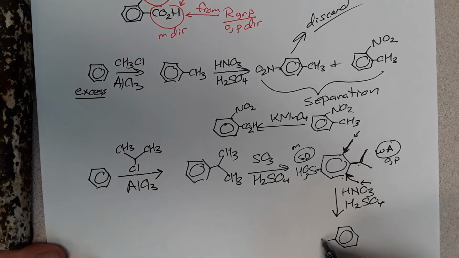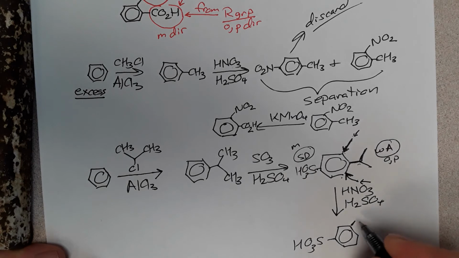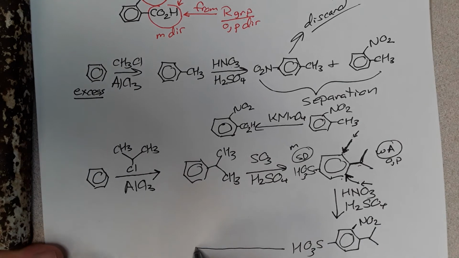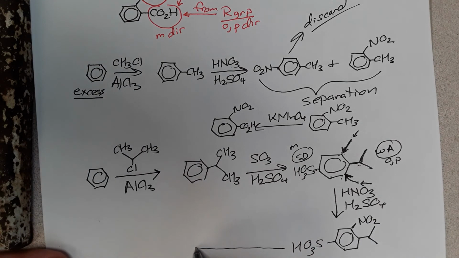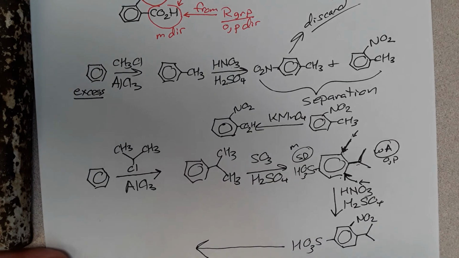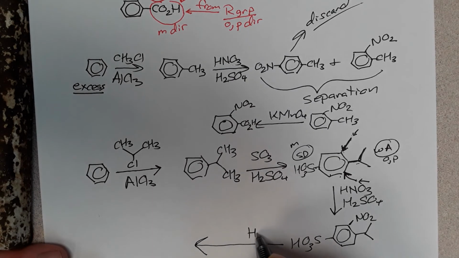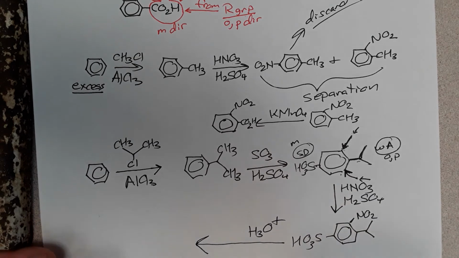And we have now our sulfonic acid on here, we have our nitro group here, and we have our bulky isopropyl group. How do we get rid of the blocking group? Add H3O+.